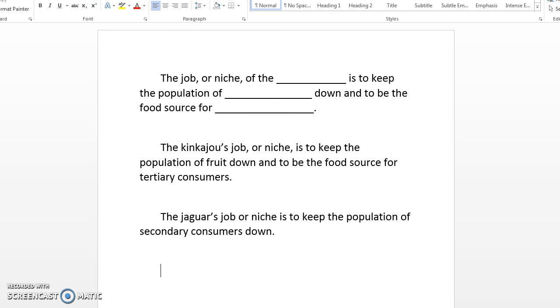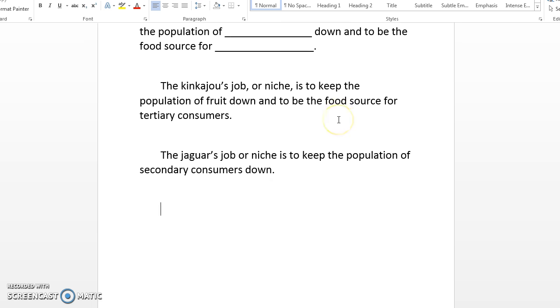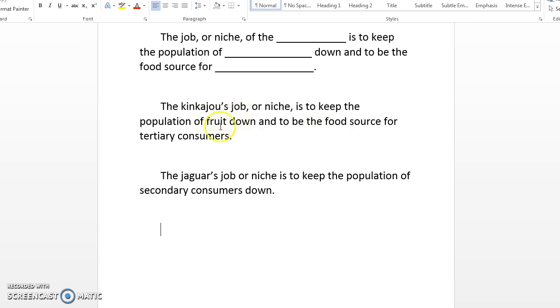If your animal is a primary consumer, or maybe your animal is a food source, it could be for secondary consumers. So you kind of have to look at what you did when you drew a food chain, or maybe draw a food web and think about it.